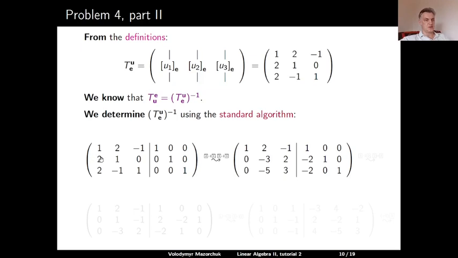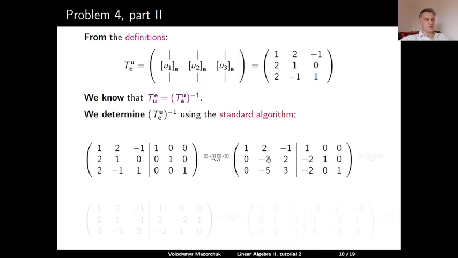Row 2 becomes 2 minus 2 is 0, 1 minus 4 is minus 3, 0 plus 2 is 2, 0 minus 2 is minus 2, 1 minus 0 is 1, and 0 minus 0 is 0. And row 3 becomes 2 minus 2 is 0, minus 1 minus 4 is minus 5, 1 plus 2 is 3, 0 minus 2 is minus 2, 0 minus 0 is 0, 1 minus 0 is 1.